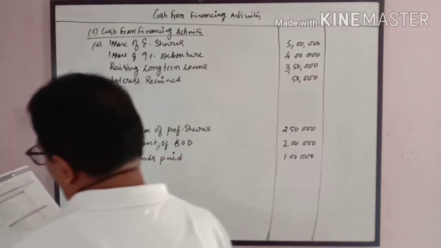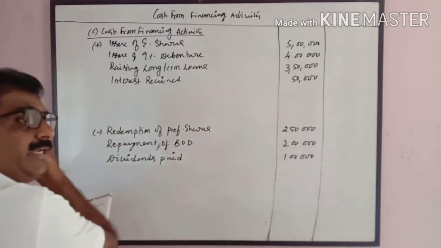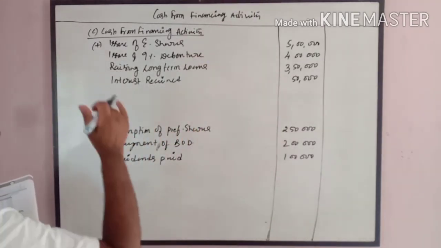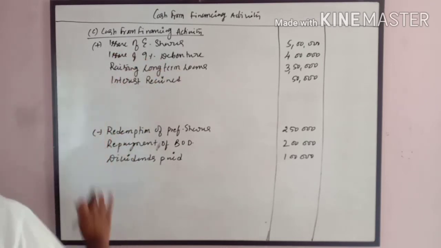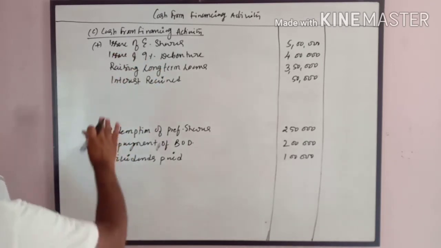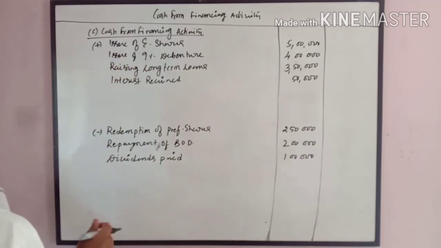Though it is a non-operating income, while preparing the cash from operating activity, interest received from the profit, we have to deduct it from the profits, and add it here, because the cash is coming in, though it is a non-operating income.